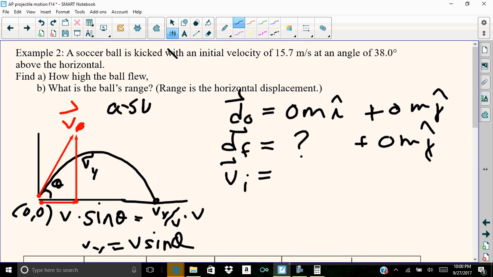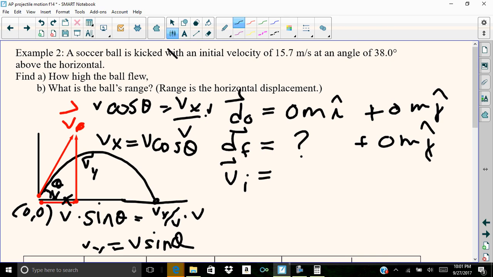Cosine theta is equal to the adjacent side, and this adjacent side right here is just Vx. So it's Vx over V. Sorry, I'm really trying to do this well with my finger. Multiplying both sides by V, I end up with Vx is equal to V cosine theta.